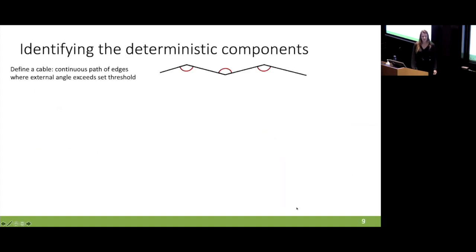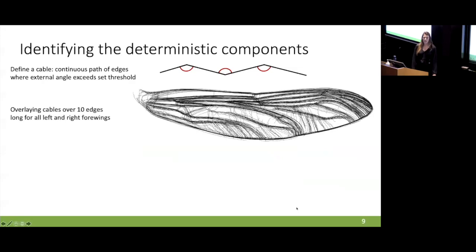And let's look at the other components of these wings that are deterministic. So I'm going to define a cable as a path of edges. And in these networks, I'm going to find cables that are longer than a given threshold, longer than 10 steps. So if I draw them for all 11 wings and place them on top of each other and match the boundaries to each other, then you'll see these long cables that turn up in all the wings, and these are going to be the primary veins, the deterministic components.